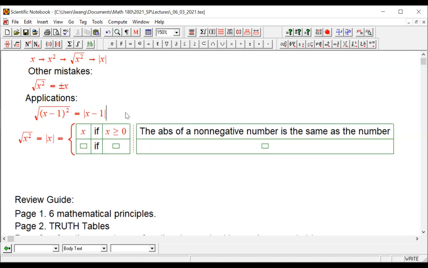That's what it means. So when you see that expression, this whole class is about understanding.